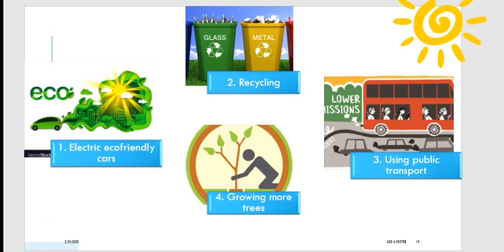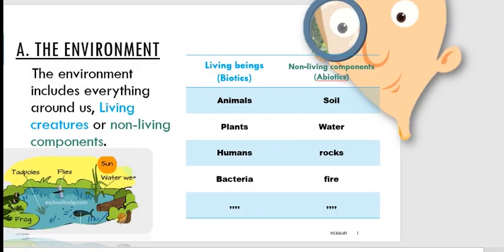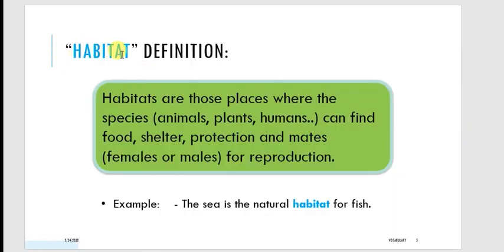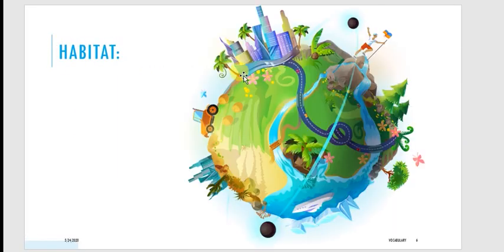So this is all. As a little summary, first we talked about the environment being comprised of living beings and non-living components. We also talked about the habitat being the place where animals and different species can live, find food and shelter.